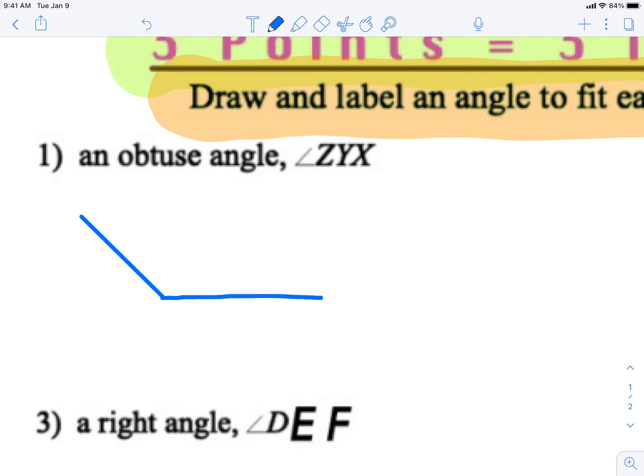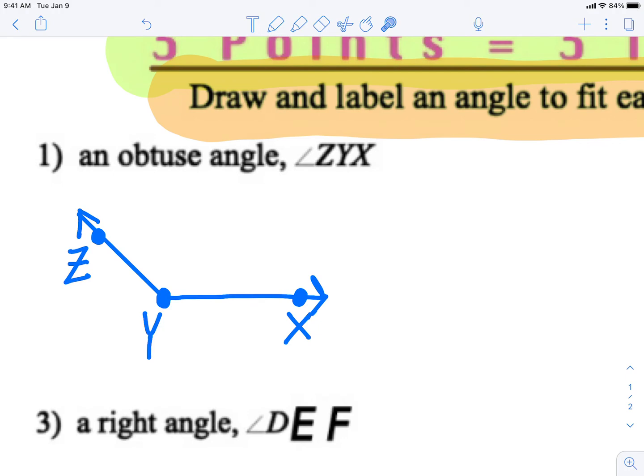And I'm going to draw my points, my arrows, my point, and my point. And they want to call it ZYX. So remember, Y has to be in the middle. So Z can go here and X can go there. You totally could have put Z here and X here. It still would have been correct. So this is an obtuse angle, ZYX.